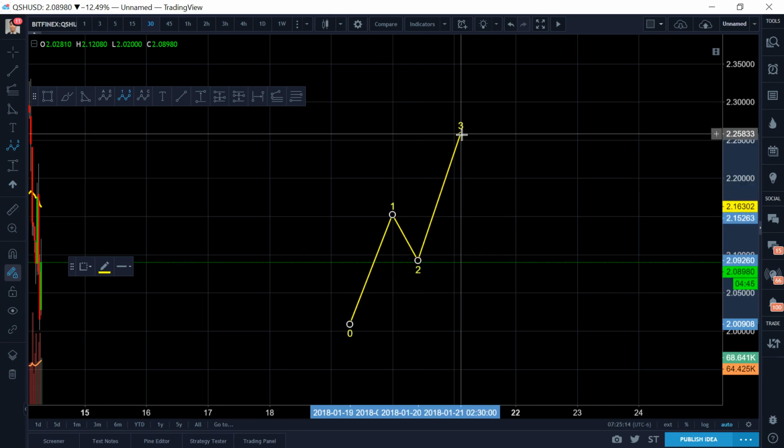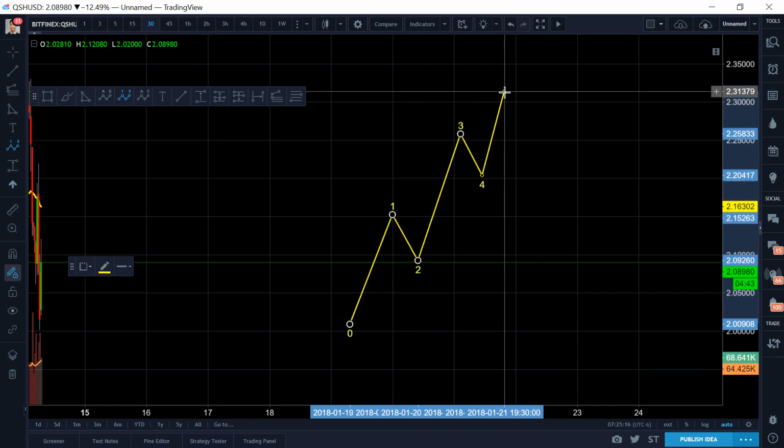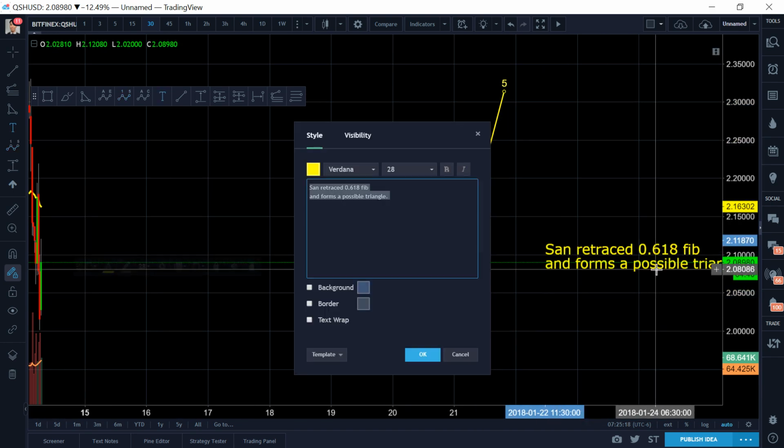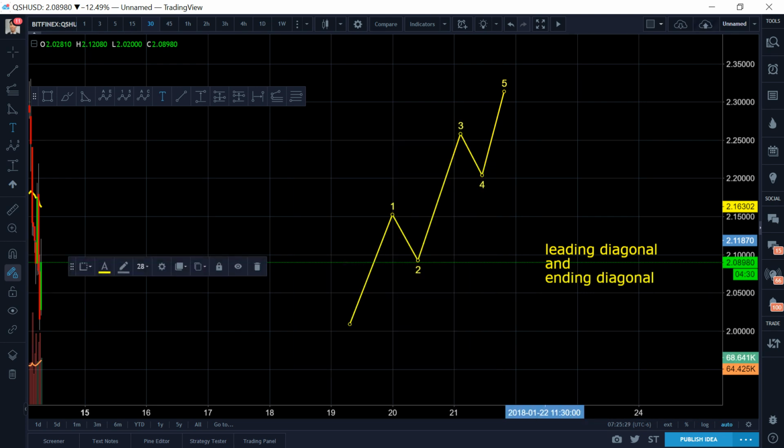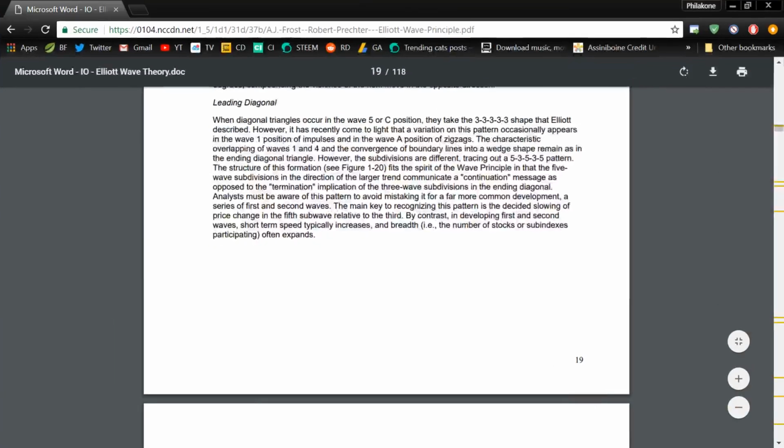So first of all, with Elliott wave count, we're going to talk about two things: leading diagonal and ending diagonal. Now, I want to pull up some definitions from an actual textbook.